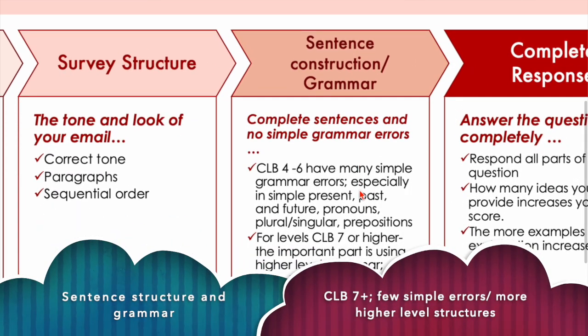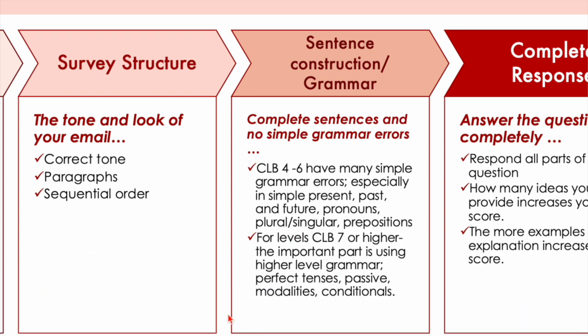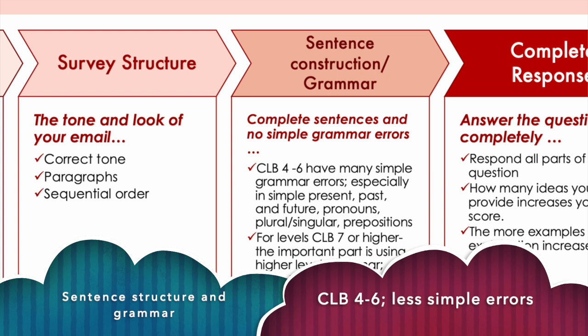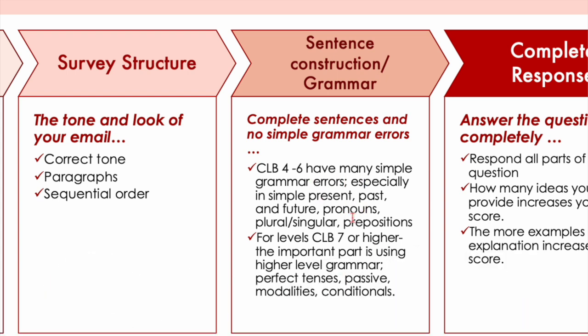Very important for whatever level you need, but if you need a higher level, basically what we don't want to do is make any simple errors in this part. And we want to try to use some higher level grammar knowledge. And I'm going to try and do that today, okay? And then for lower levels, basically we should try not to make many mistakes in general, okay?